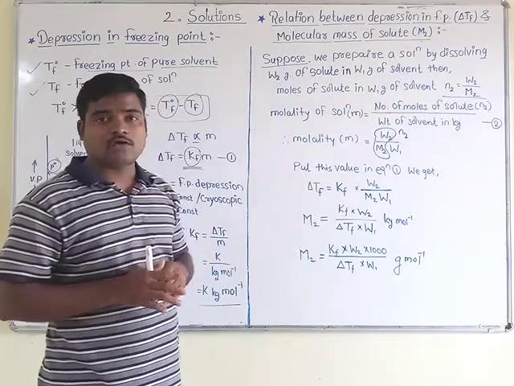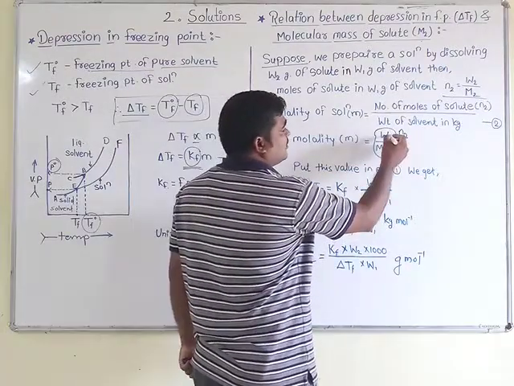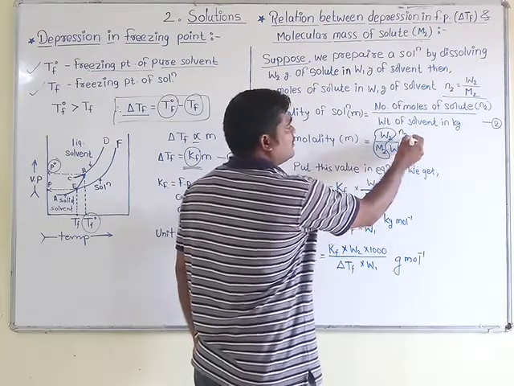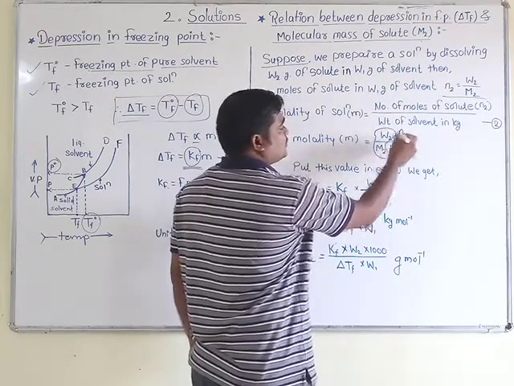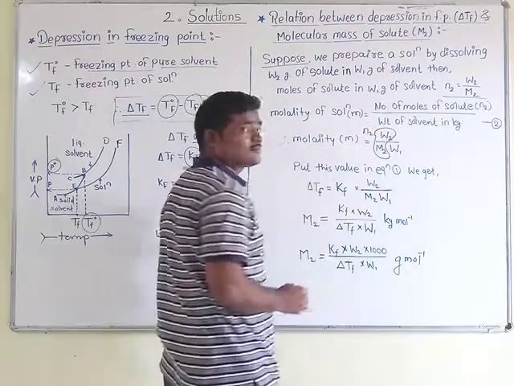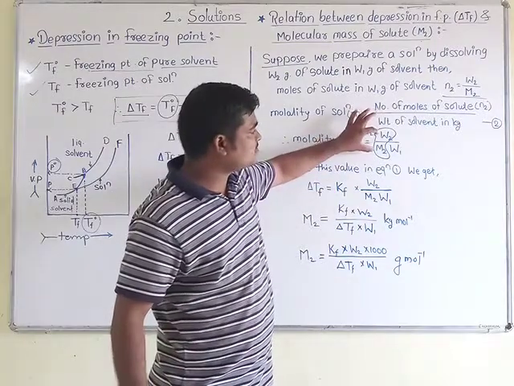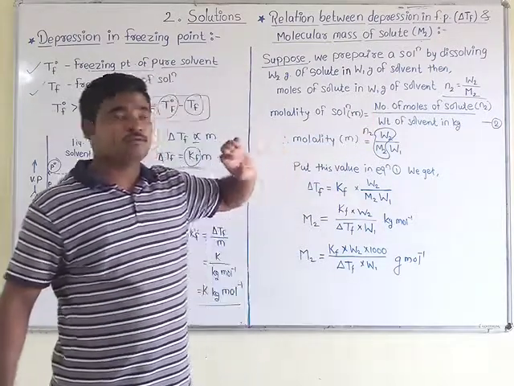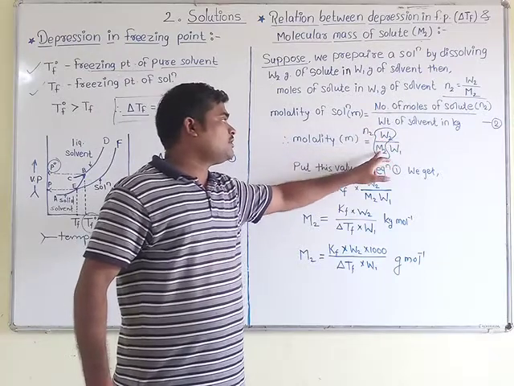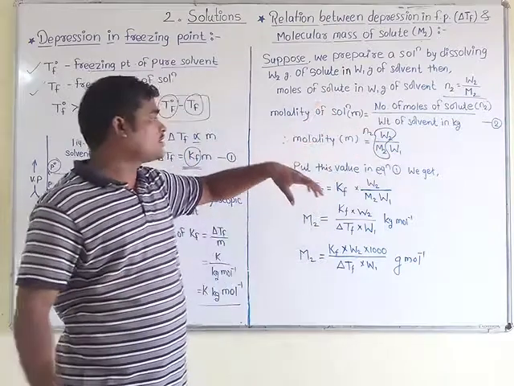When we come to its equation we get: W2 divided by M2 into W1. This W2 by M2 is nothing but N2. Instead of N2 we are using W2 divided by M2, so this equation becomes W2 divided by M2 into W1, where W1 is the grams of solvent.